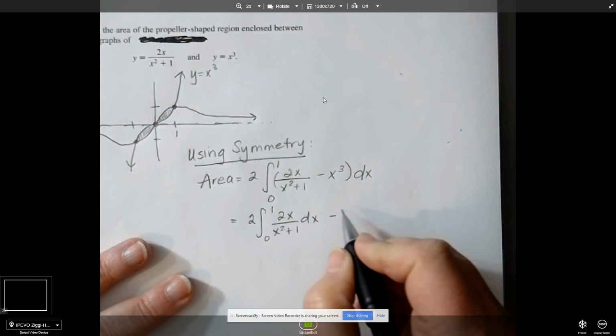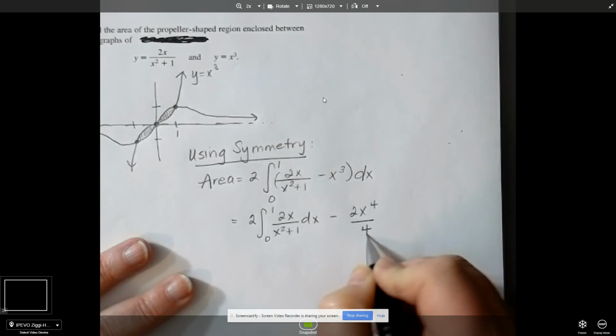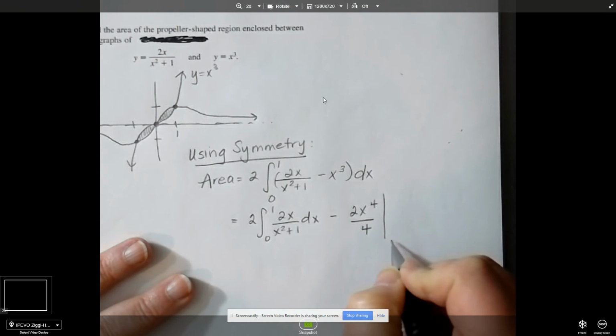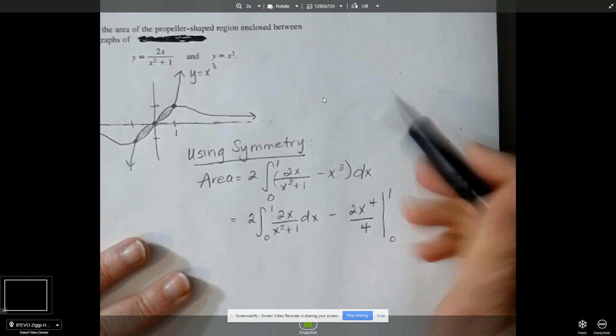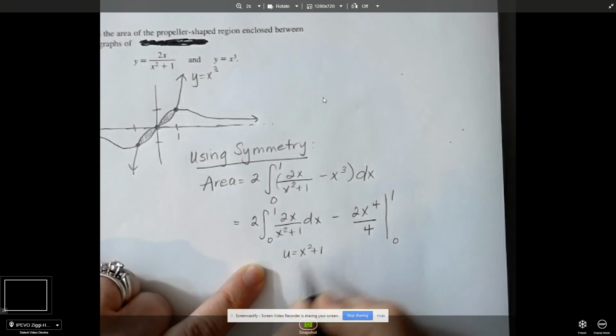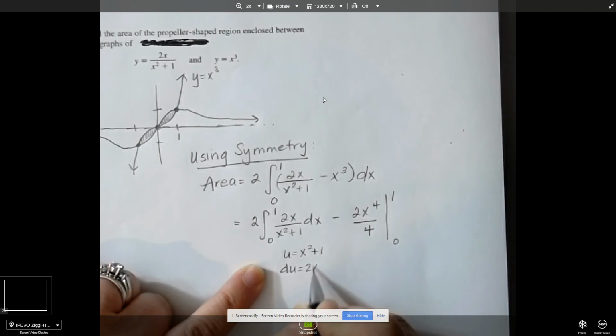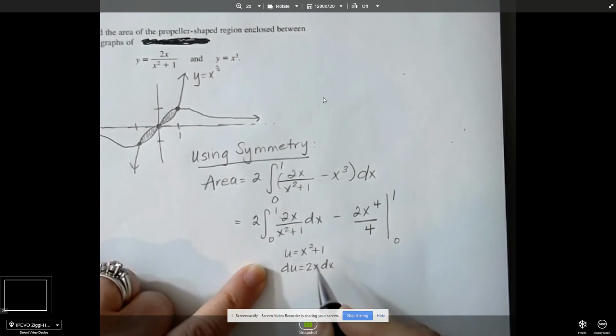This one's going to be 2x to the 4th over 4 evaluated between 0 and 1, because we can integrate this one pretty quickly in our head. This one is going to take some u substitution. So we're going to let u equal x squared plus 1, du equals 2x dx, which I happen to have in here, the 2x dx, which is really nice.